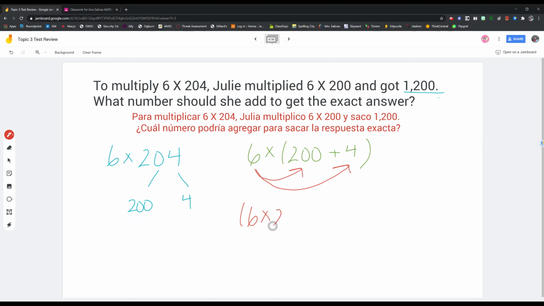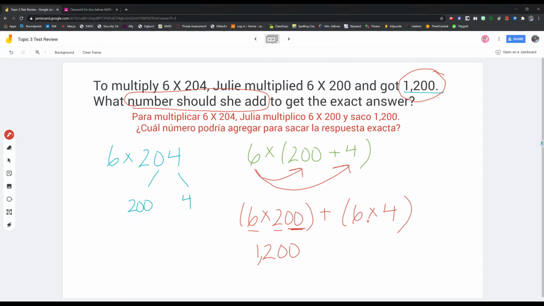6 times 200 plus 6 times 4. Okay, so 6 times 2 is 12. Don't forget to add 2 zeros. 1,200. She already has this part. The question is, what number should she add to get the exact final answer?